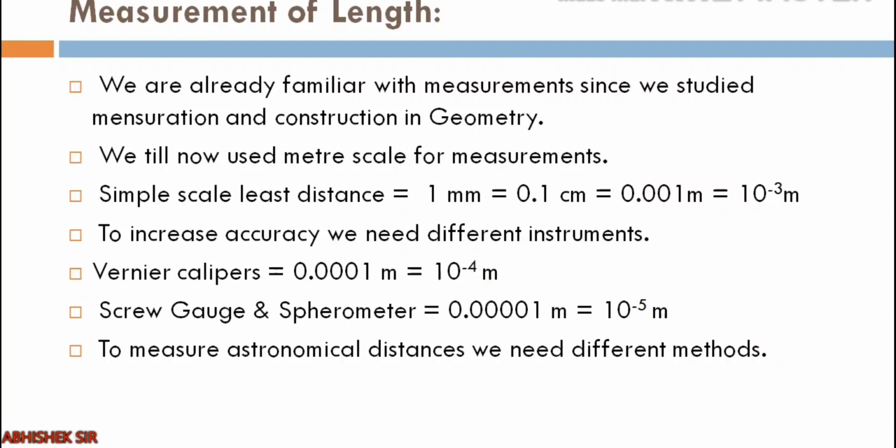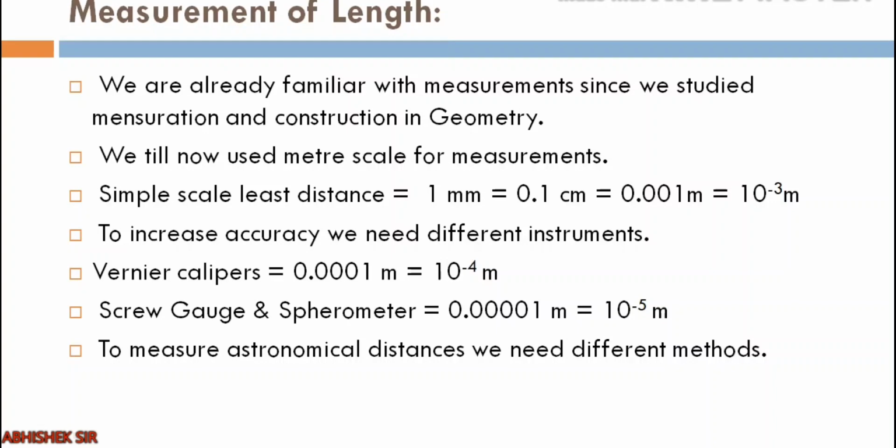Now millimeter still is not a standard unit, so the same 1 millimeter can be written as 0.1 centimeter. The same can be written as 0.001 meter, which is nothing but 10 raised to minus 3 meter.